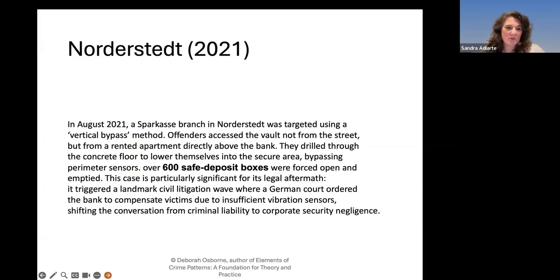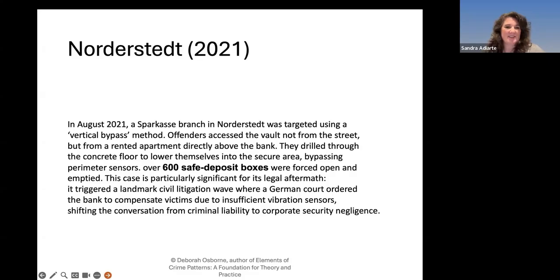So they drilled through the concrete floor to lower themselves into the secure area, bypassing the perimeter sensors. And in this case, 600 safe deposit boxes were targeted, opened and emptied.